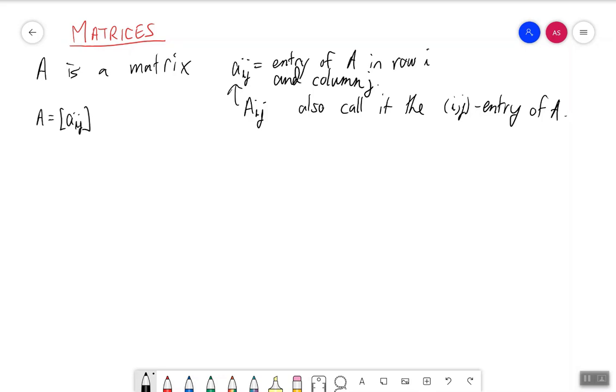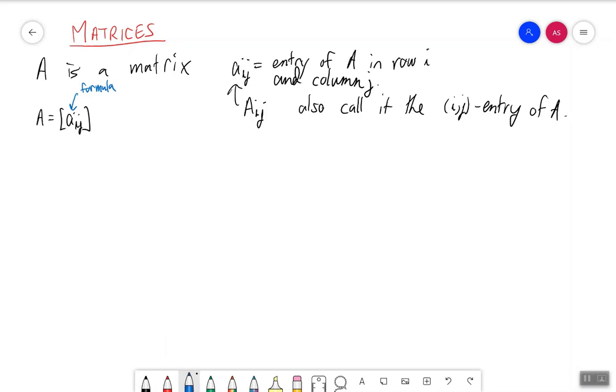So here, this would be the formula, and the fact that we're using i and j, we just know that i refers to the row number and j refers to the column number.